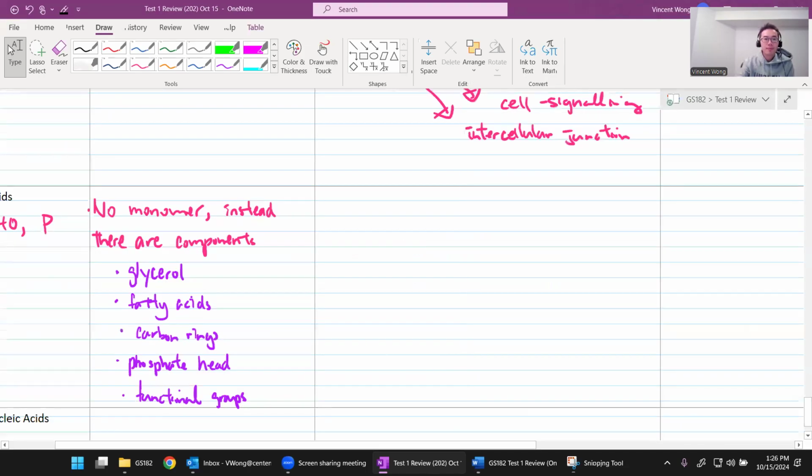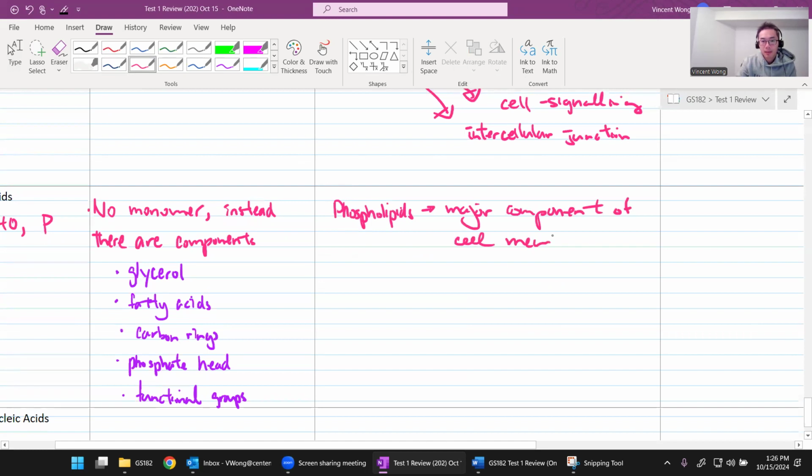Okay. Now, in terms of the functions, we have the phospholipid. Phospholipids are the major component of the cell membrane.